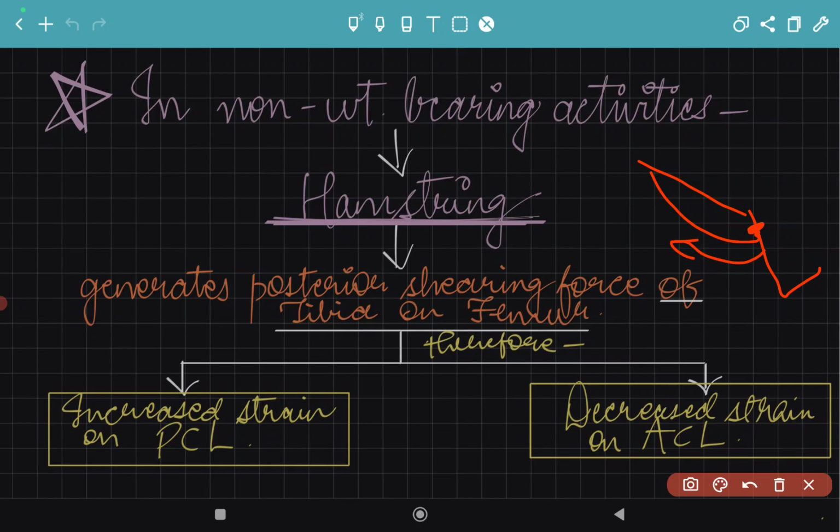During this, there will be increased strain on PCL, the posterior cruciate ligament, and decreased strain on ACL, the anterior cruciate ligament. So this was also a key point to remember: hamstring creates posterior shearing force of tibia on femur, hence causing increased strain on PCL.